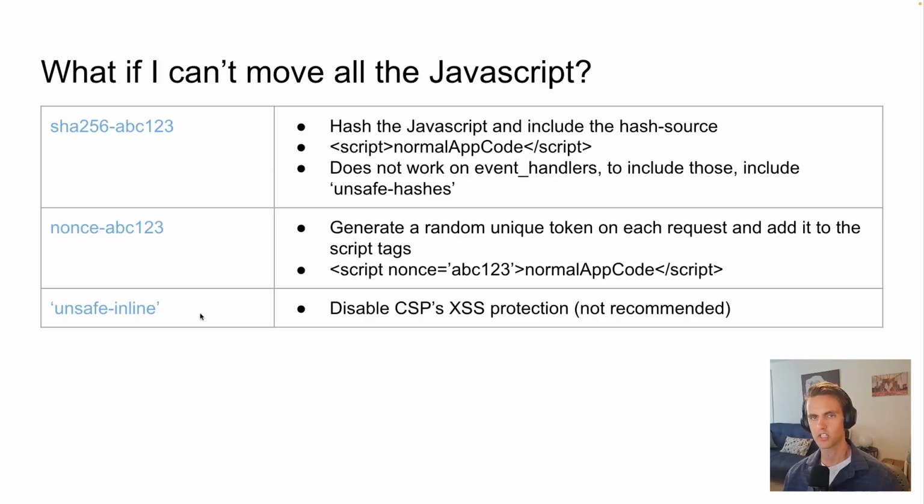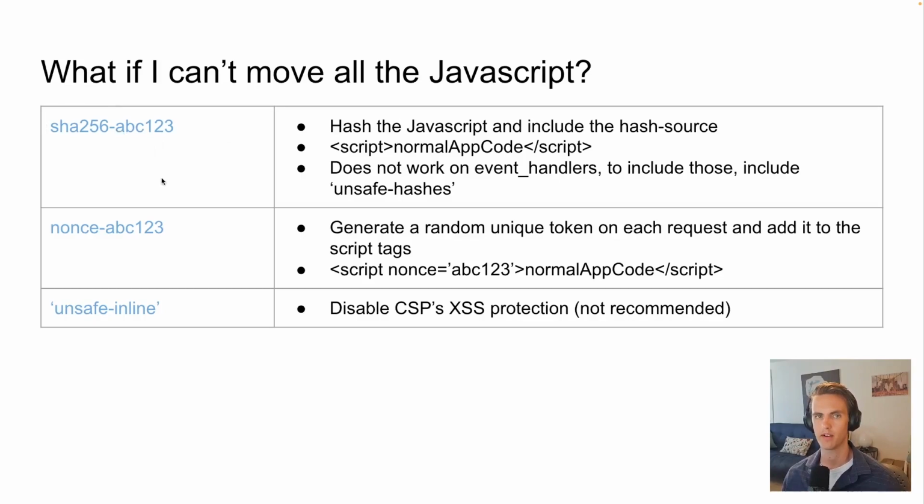Like I said, there are some ways to enable inline JavaScript, I guess three different ways. What if you can't move all of your JavaScript? One way is you can take the SHA-256 hash of the script and put it into your policy. If you had something like script, normal app code, you would take the SHA-256 hash of this, there are plenty of calculators online, and then as part of your policy, under script-src, you would say sha256 and then whatever that hash is.